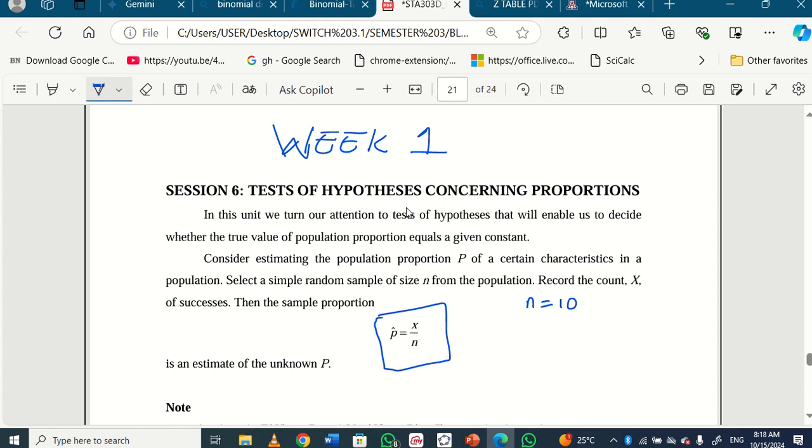Out of this sample, 6 of them said yes, they should, and 4 said no, they shouldn't.